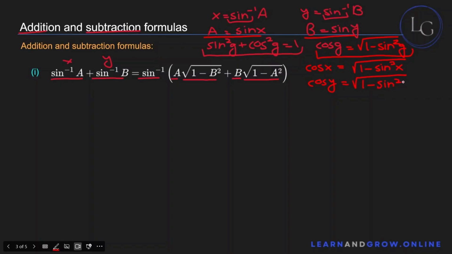and similarly cosine of y is equal to under root of 1 minus sine square of y, right? Now let's look at another trigonometric identity which says that sine of x plus y is equal to sine x cos y plus sine y cosine x, right?